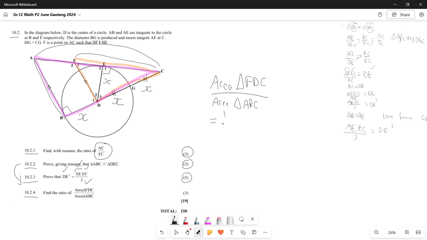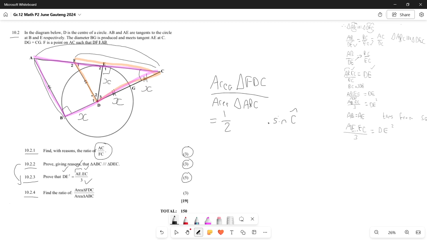So if we're going to look at area of triangle FDC, we have half, and then we're going to leave space for which two sides we're working in, because we know that we want sine of C because it is the common angle for both, which means that if we're going to use this angle here, we have to use the sides on either side of that angle.